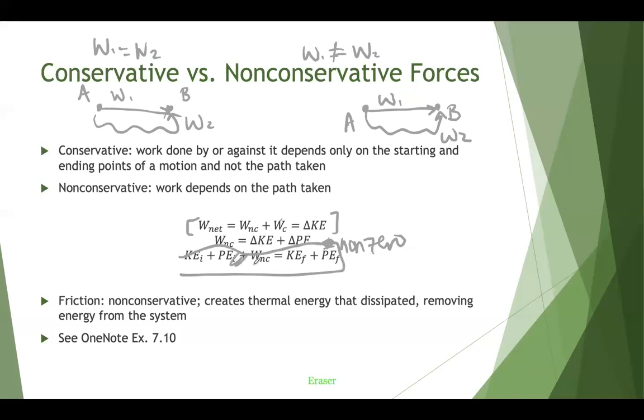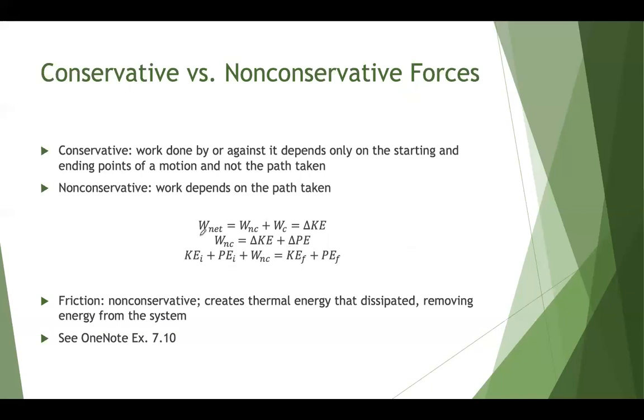Let's go ahead and erase it. We get this final equation here, and that describes our motion now, our work and our energy. An example of non-conservative forces is friction, and that's because friction creates thermal energy that's dissipated and it removes energy from the system.